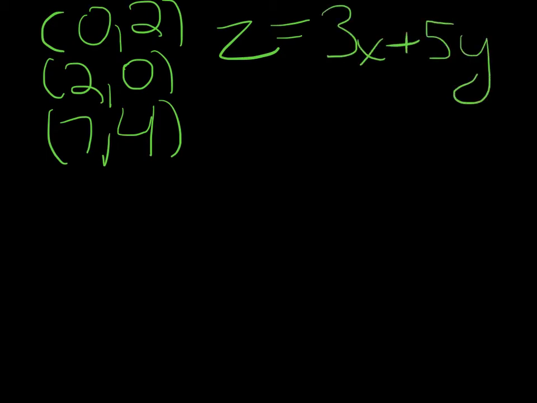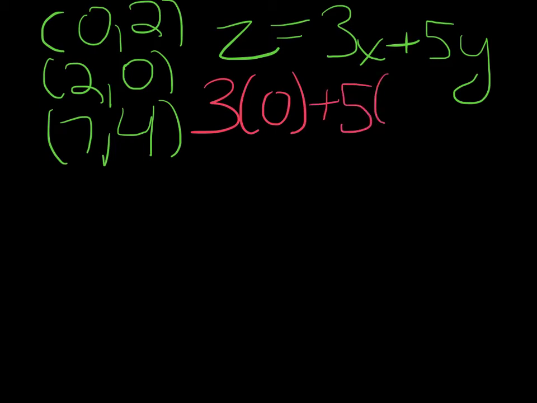Now, for the first one to find the value, we would take 3 times 0 plus 5 times 2. And for this, we're just plugging these into the objective function, and that gives you 10.